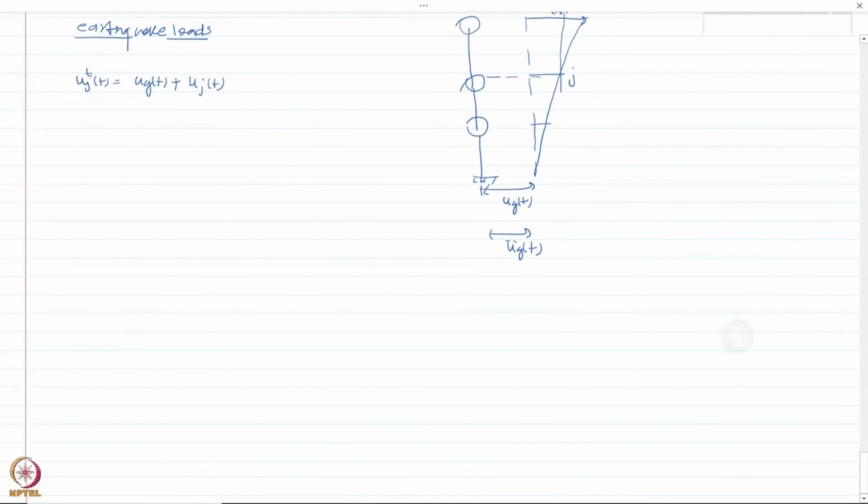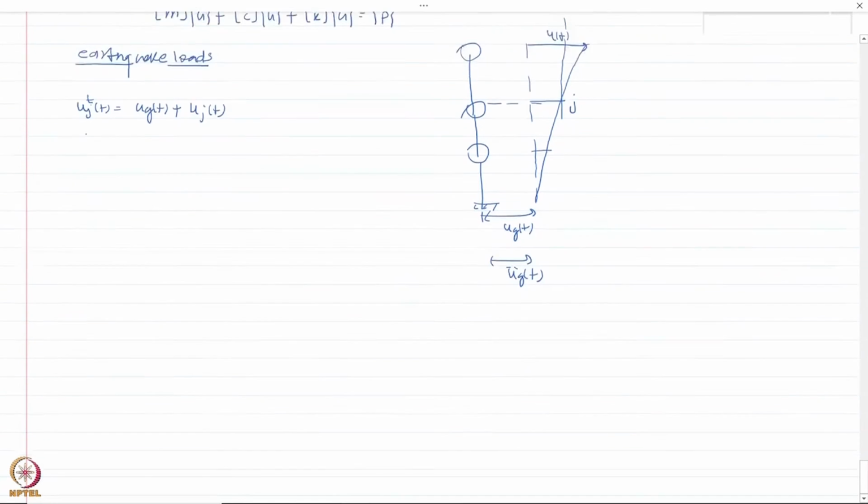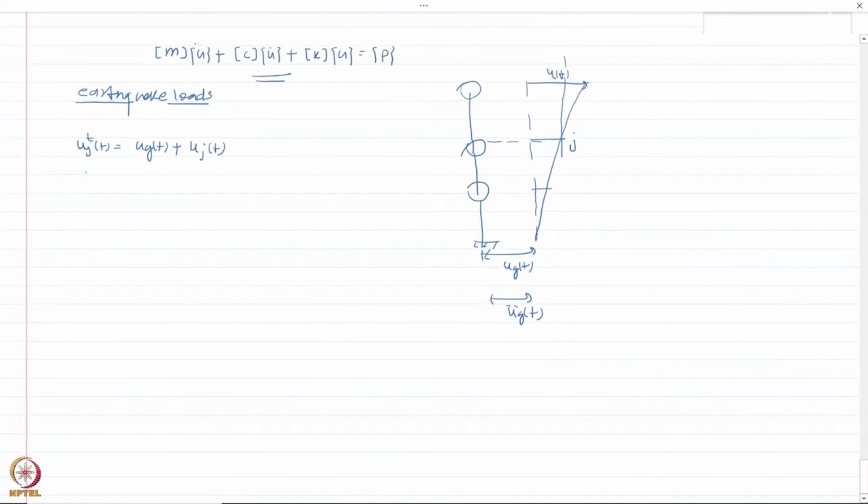If we write that, we can also write down our velocity by differentiating it once and the acceleration by differentiating it twice, and then substitute it in this equation of motion. Keeping in mind this acceleration is actually the total acceleration, and this velocity and displacement are actually relative velocity and relative displacement.